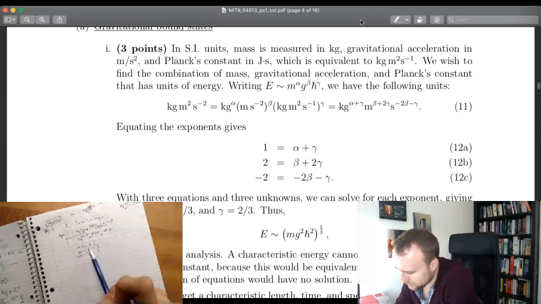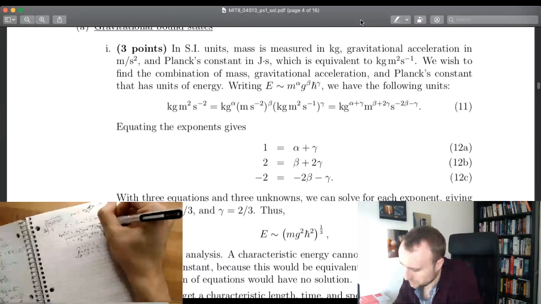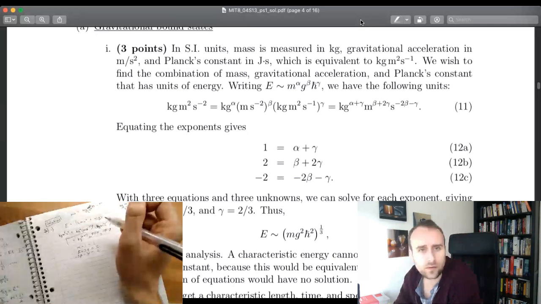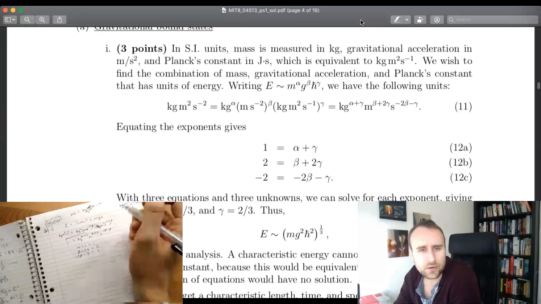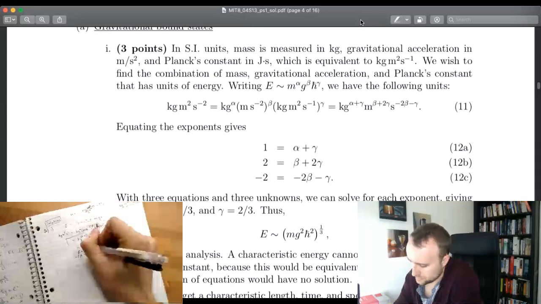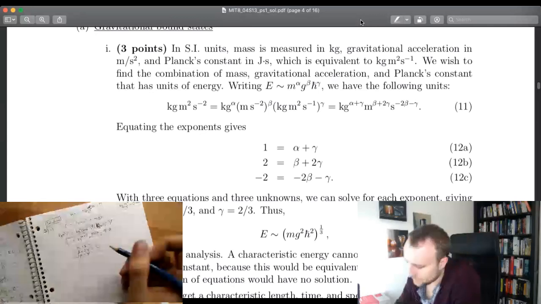Why am I getting 1 here somewhere? Oh, I've written it twice, that's why. No, I didn't. What did I do here? Oh, no, oh, okay. Alpha plus theta is equal to 1. Okay, all right.